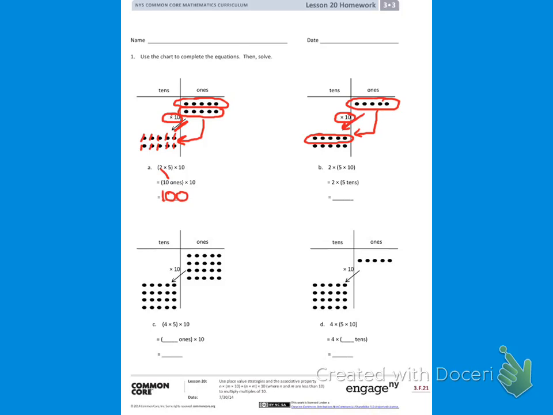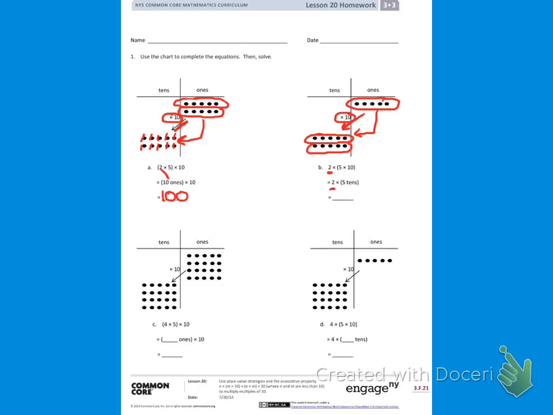The reason why there's another row of 5 groups of 10 is because it does say in the math problem 2 times 5 times 10. So what they did was they took the 5 times 10 and they illustrated it where I have circled. Then they drew the second row of 5 groups of 10, and that's shown right here because we did this 2 times.